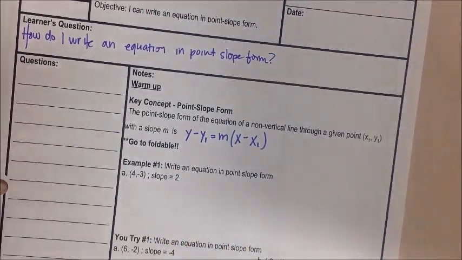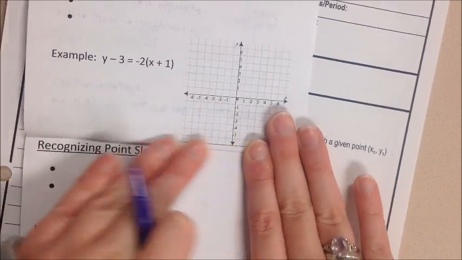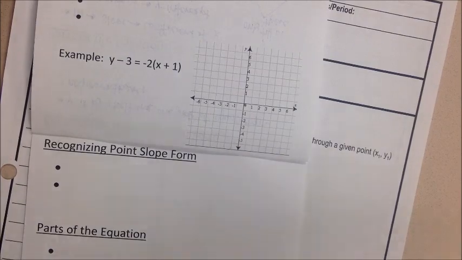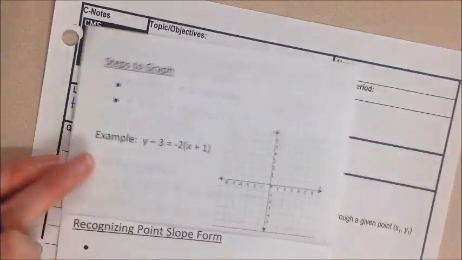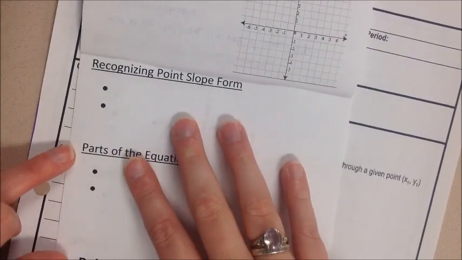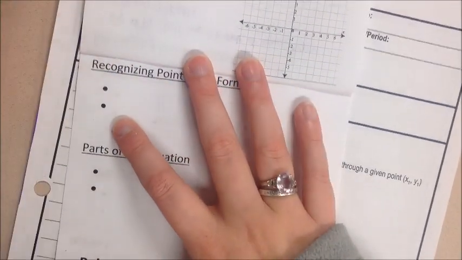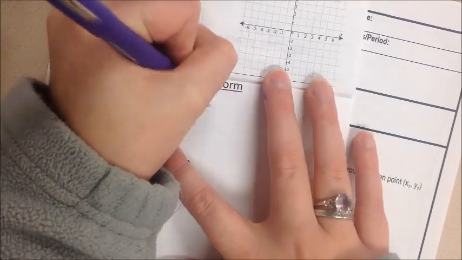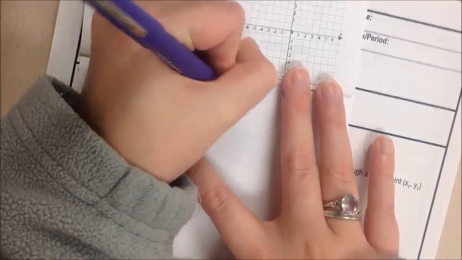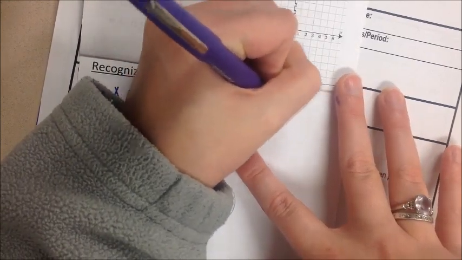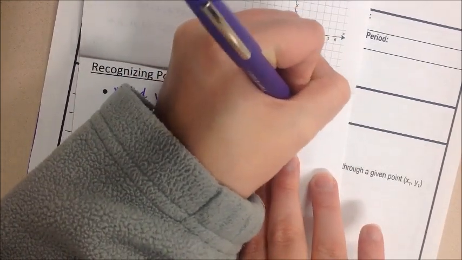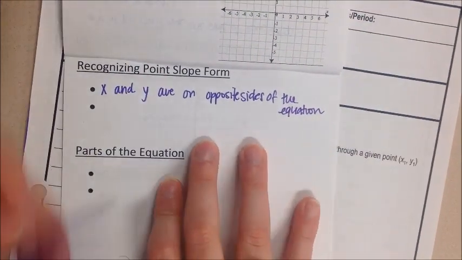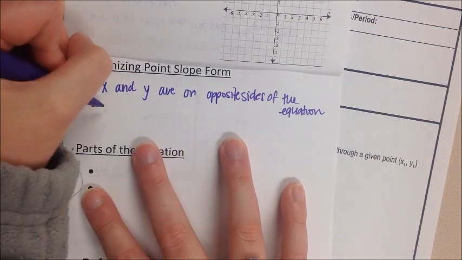Now we're going to flip to the point-slope form part of our foldable. We're not going to do the graph yet because we'll get to that on the back, but we're going to talk about how we recognize point-slope form. x and y are on opposite sides of the equal sign.